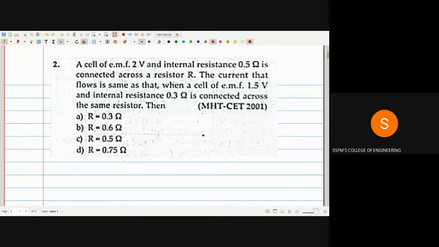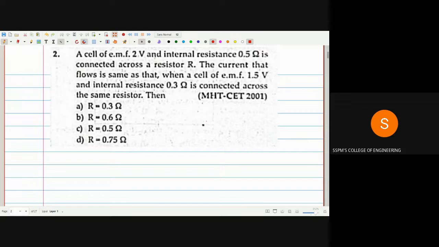आता ह्या एक्झाम्पल मध्ये काय दिलंय बघा, EMF is 2 volt. आता तुम्ही कन्फ्यूज होऊ नका, EMF म्हणजेच व्होल्टेज. EMF याचा अर्थ काय, इलेक्ट्रोमोटिव्ह फोर्स. It is nothing but a potential or voltage. आता व्होल्टेज दिलेला 2 volt आणि internal resistance is 0.5 ohm. एक सोर्स आहे पोटेन्शियल किंवा तुम्ही व्होल्टेज सोर्स म्हणू शकता, त्याचा इंटरनल रेजिस्टन्स किती आहे, 0.5 ohm आहे.